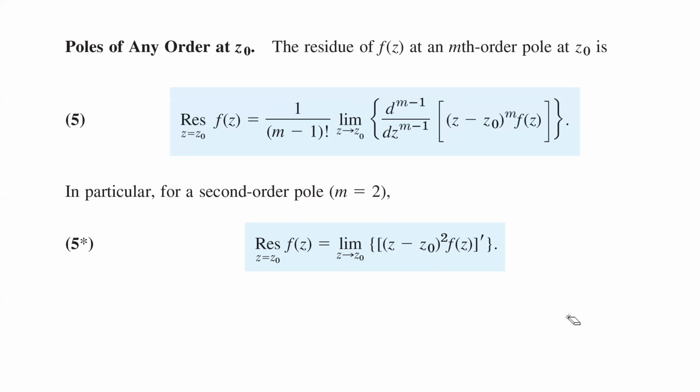And what if m is equal to 3? If m is equal to 3, then you have this third power and second derivative, and you have 3 minus 1 factorial here, so it becomes 1/2.